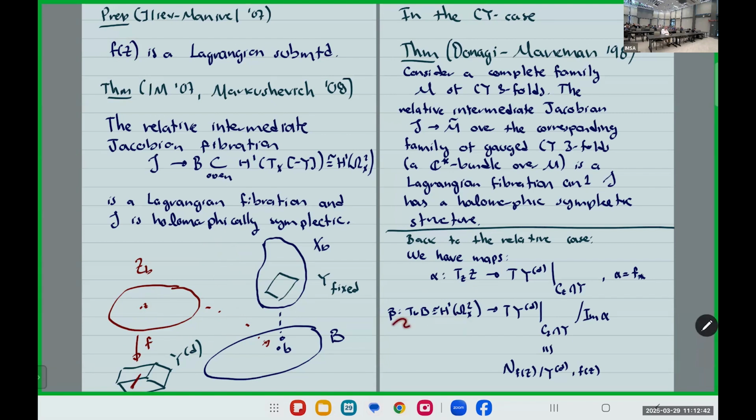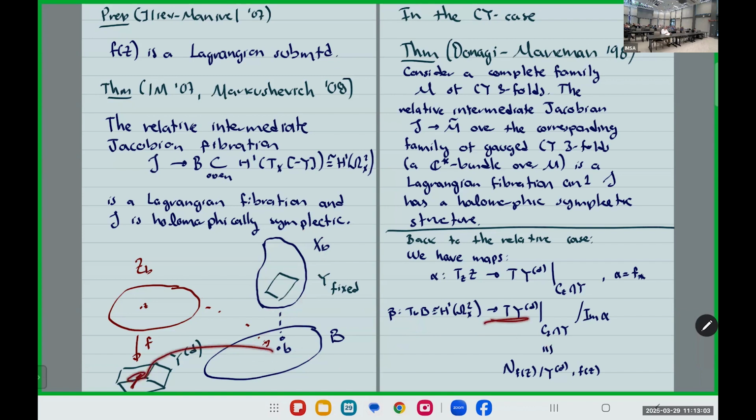But we will also have a map beta given by deformations of this pair keeping Y fixed. So this beta is going to be from H1 of the tangent sheaf, or Omega^2, and you are mapping to Y^D as well.